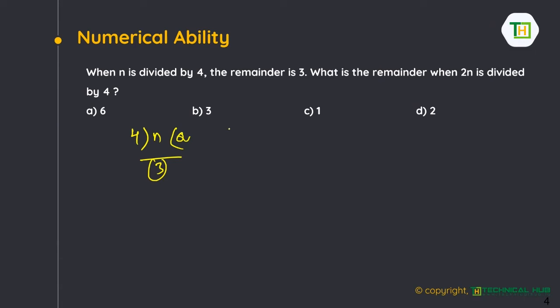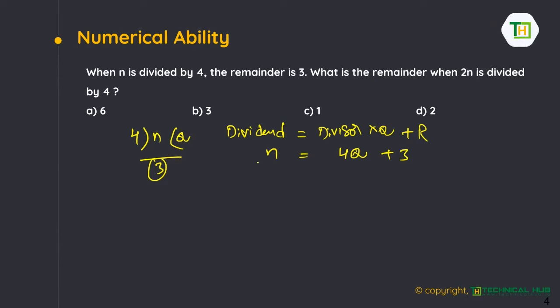As we all know, the relationship between these four terms is dividend is equal to divisor into quotient plus remainder, right? Here the dividend is n. n is equal to divisor 4 into quotient, which we don't know, plus remainder 3.